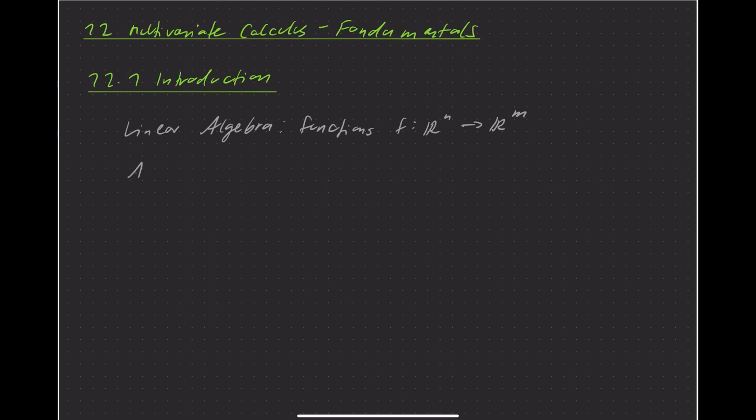In the analysis part of our course Mathematics 1, however, we only dealt with one-dimensional functions. So our functions there were usually of the form R to R or some interval to R. And we investigated the properties of functions like this. Functions defined with one real input and one real output.